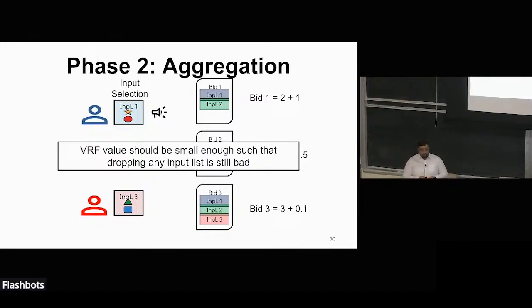All in all, AUCIL, our protocol, has three properties that it achieves. The first is that it achieves an input selection equilibrium in which no party is incentivized to deviate from the selection of transactions. It achieves crash fault tolerance, in which the protocol remains live with even up to theta crashes, which can be controlled by the adversary or not.